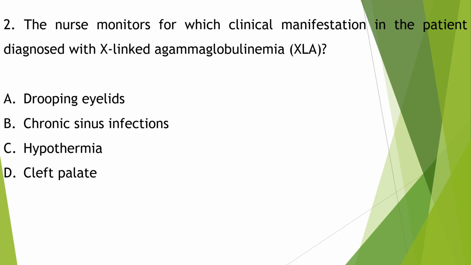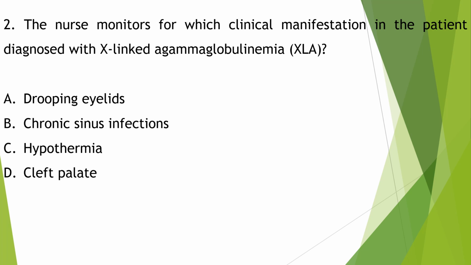And X-linked agammaglobulinemia primarily affects males because it is unlikely that females will inherit two X chromosomes carrying the altered gene. This is X-linked recessive. That means males have one single X chromosome, and if that is affected, then of course they will have the symptoms of the disease.